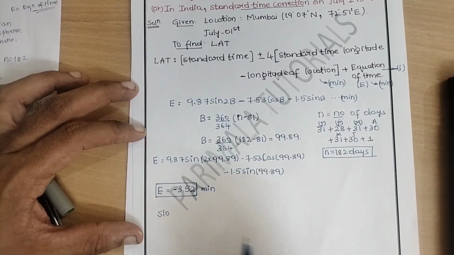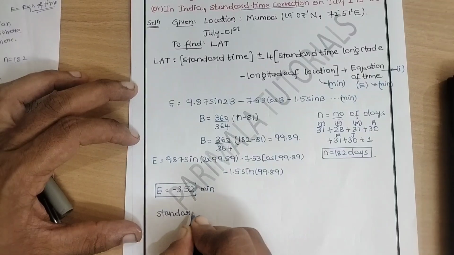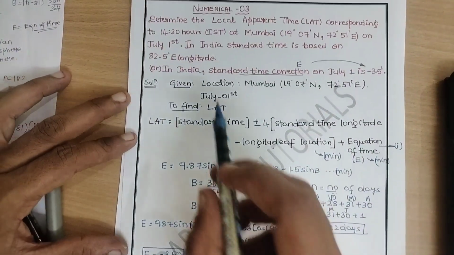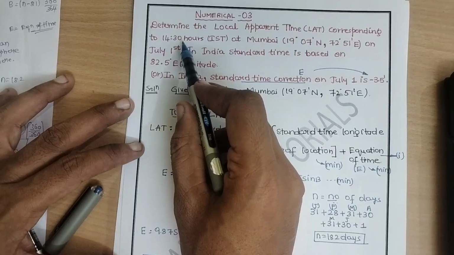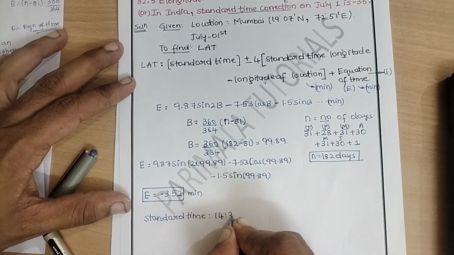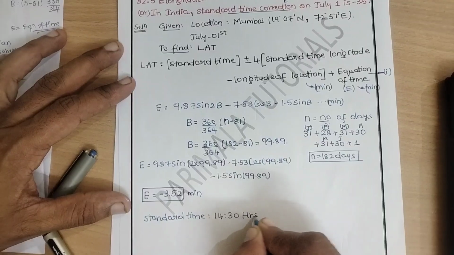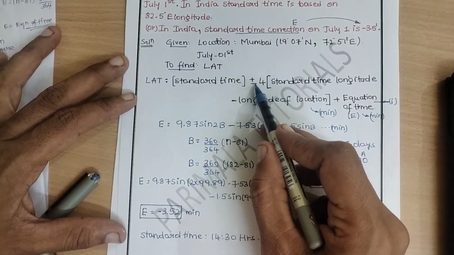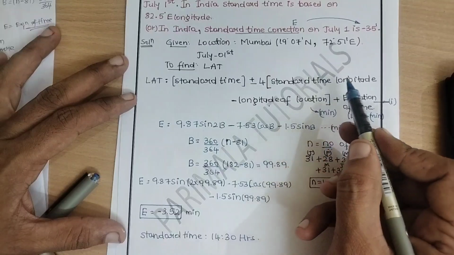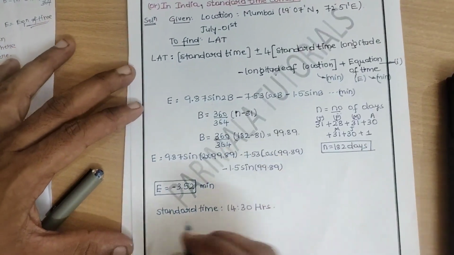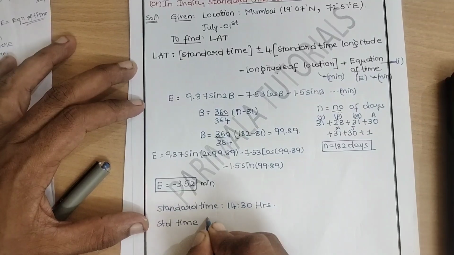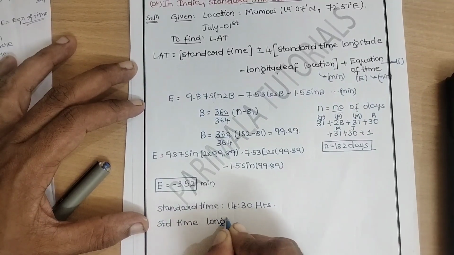The standard time is nothing but the Indian standard time, which we want to calculate with. For timing, I will write it as it is, 1430 hours. Next, plus or minus, I will keep as it is for the standard time longitude. So what is this? The standard time longitude.